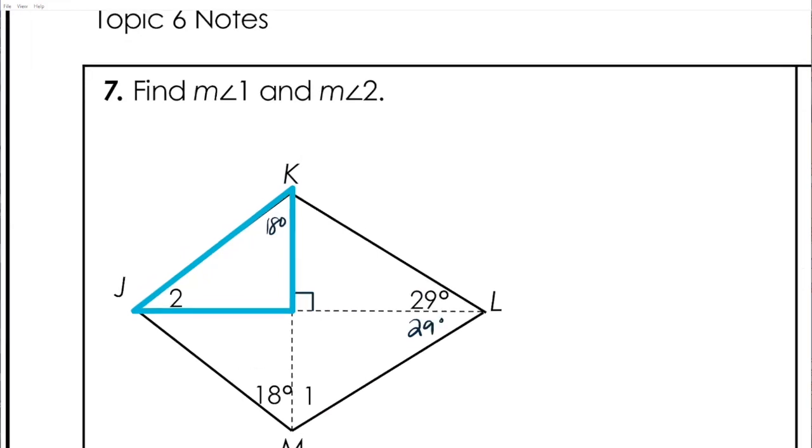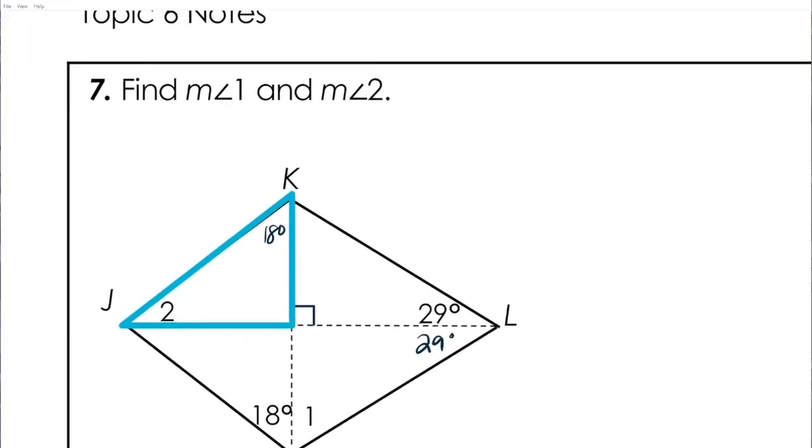So to find the measure of 2, we've got 2 options. We know the inside of a triangle always adds up to be what? 180. So we can do our triangle sum theorem, which most people are comfortable with. So the measure of angle 2 plus 18 plus 90 is 180.